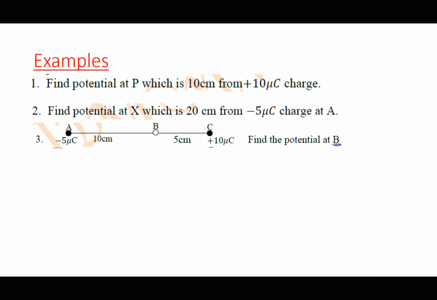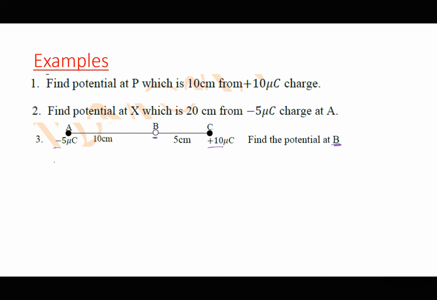Okay, so if I want the potential at B due to charge A, because charge A is negative, the potential caused by charge A is negative. Then the potential caused by charge C is going to be positive because the charge is positive. So the potential at B is going to be the total potential, which is the sum of the two values of potential. Potential will either be negative or positive depending on which charge contributes much to the potential.